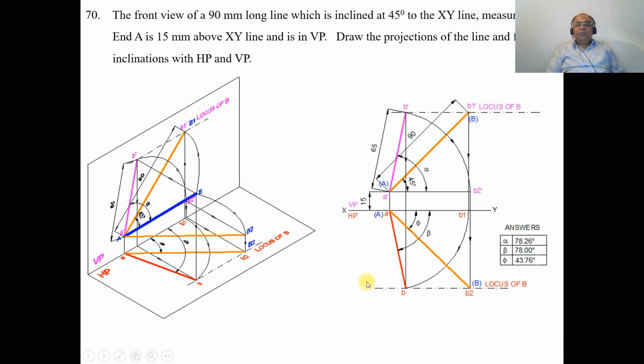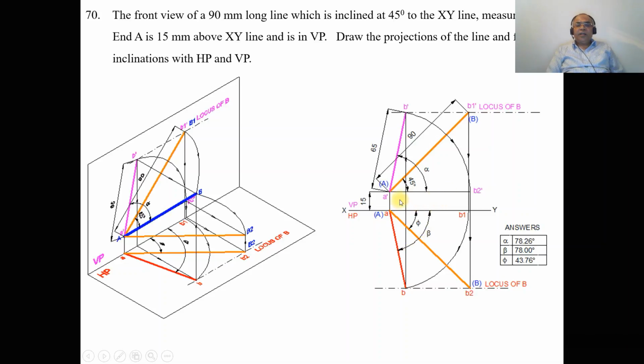Now we have both the true lengths, in the front view as well as in the top view. Now show the dimensions: alpha is the apparent inclination with respect to HP, phi is the true inclination with respect to VP, and beta is the apparent inclination with respect to VP.